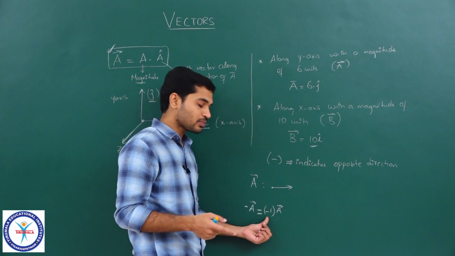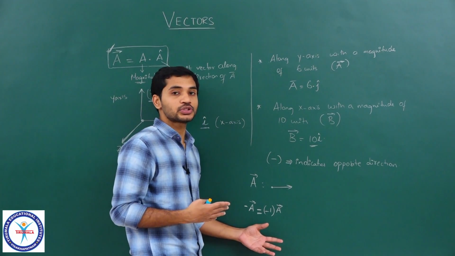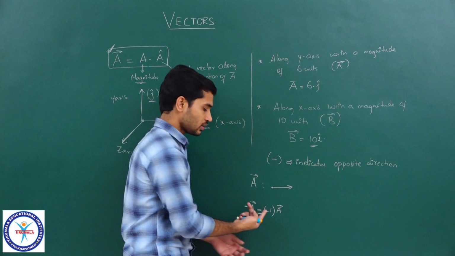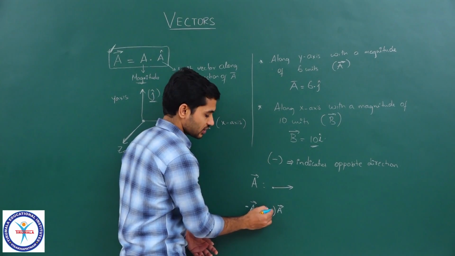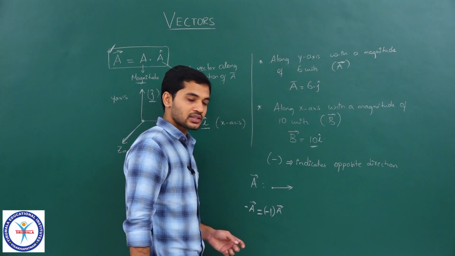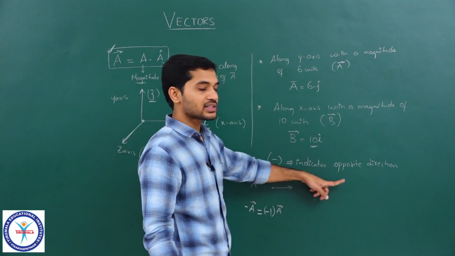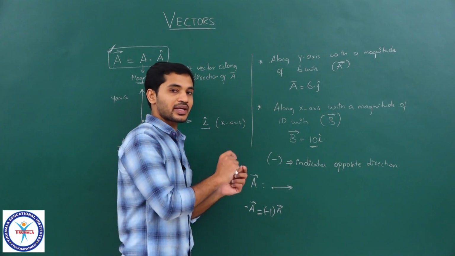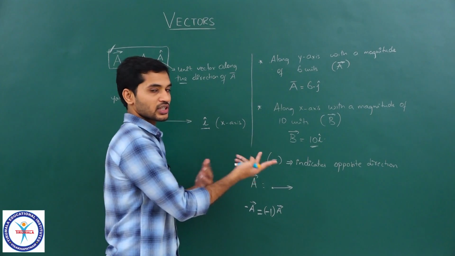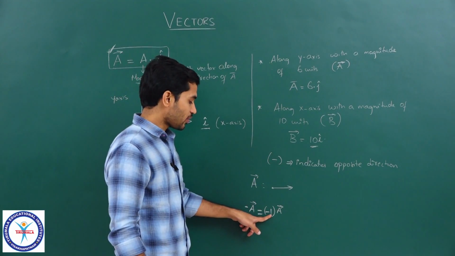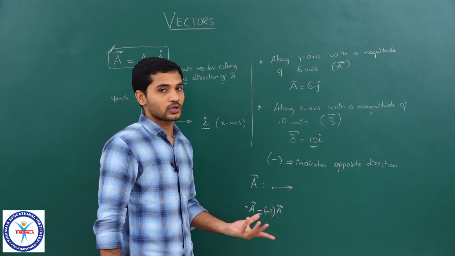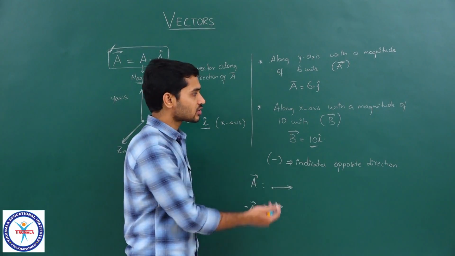What happens when I multiply with minus 1? Will the magnitude change? No, only the direction is reversed because of this negative sign. Is that clear? So negative sign always indicates opposite direction. When you are multiplying something with a negative sign, you are just reversing its direction. And if you are multiplying it with 1, the magnitude is not going to change. So that is the idea, students.